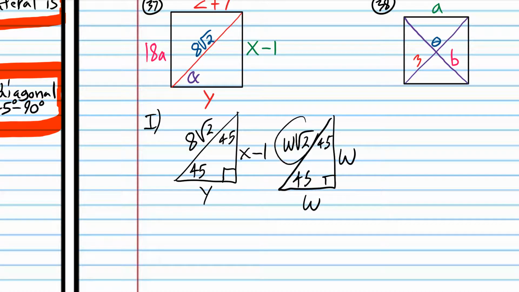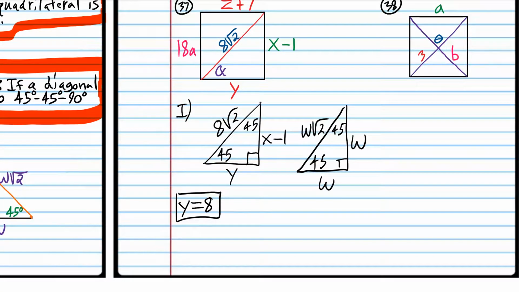So we know this side is 8 root 2, so that means W is 8. So that means that y has to be 8. And we also know that x minus 2 has to be 8. So that means that x has to be 9.